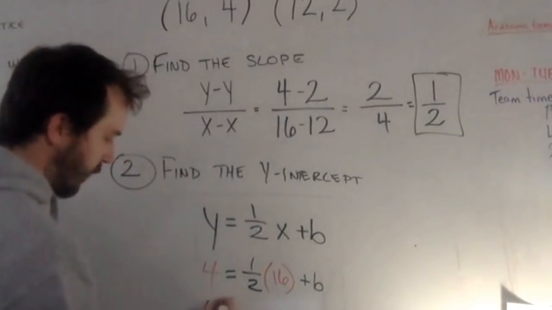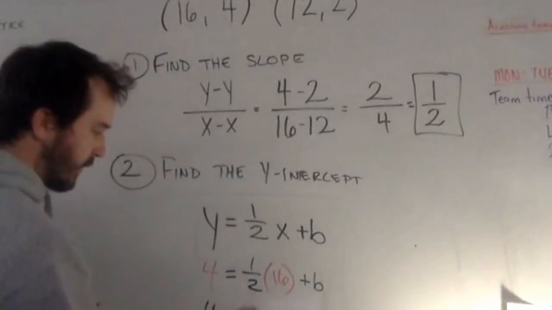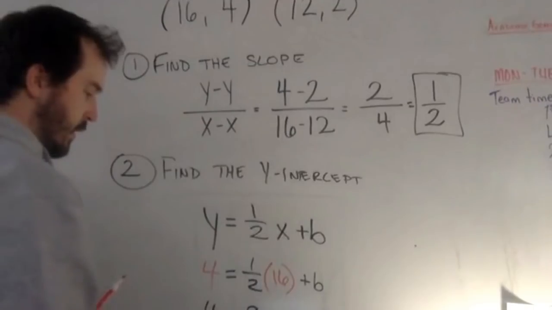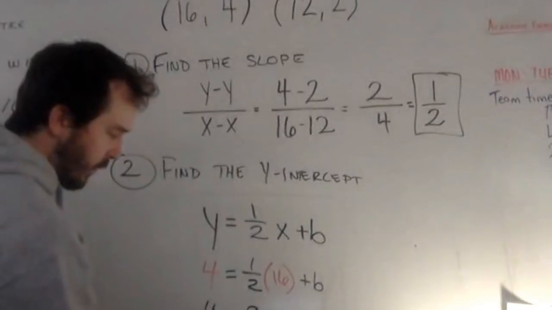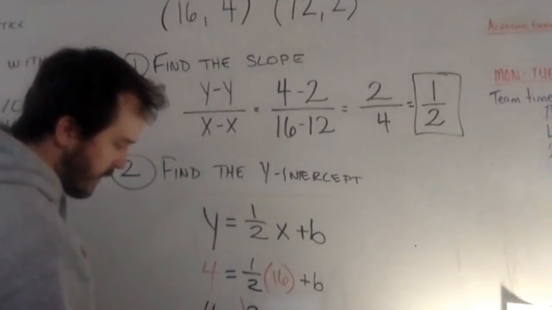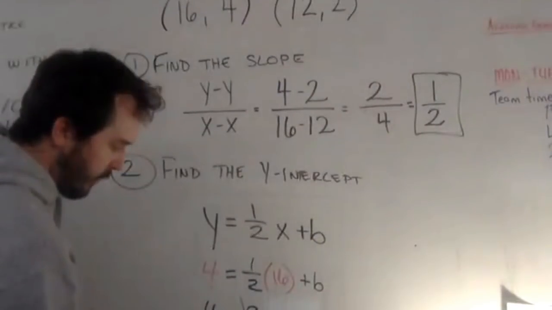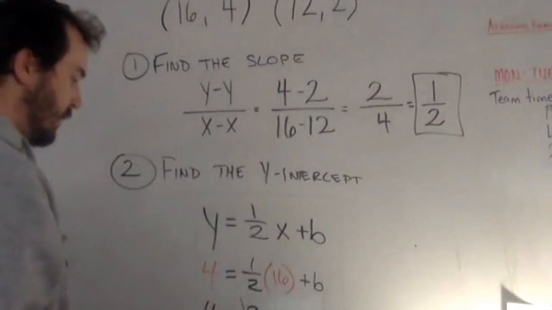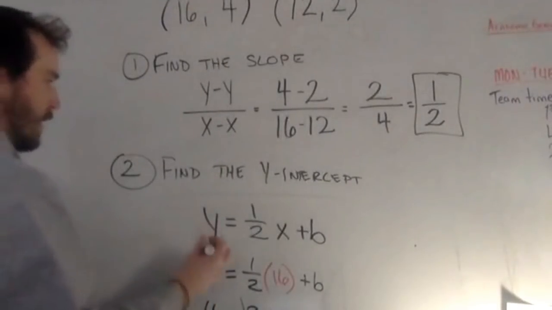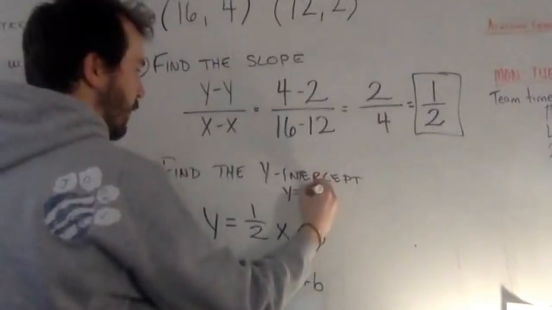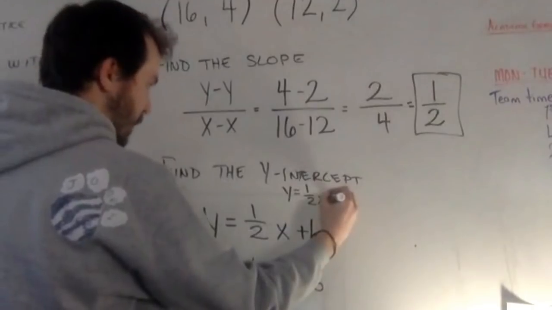Then 4 is equal to half of 16, which is 8, plus b. To get b all by itself, I take away 8, and I end up with b equal to -4. So my final equation is y equals 1/2 x minus 4.